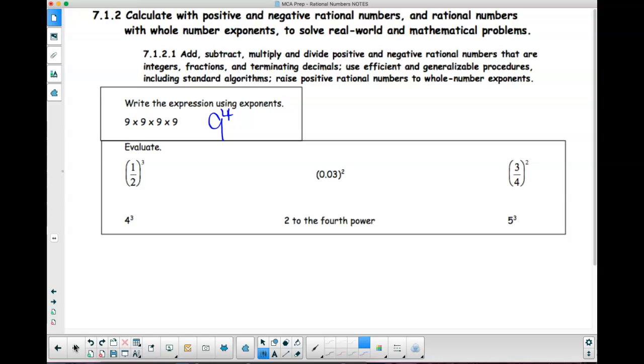Okay, so when I ask you to evaluate 1/2 to the 3rd power, that means 1/2 times 1/2 times 1/2. You guys remember multiplying fractions? Multiply the top numbers, multiply the bottom numbers. So 1 times 1 times 1 is 1. 2 times 2 times 2 is 8. So you have 1/8.